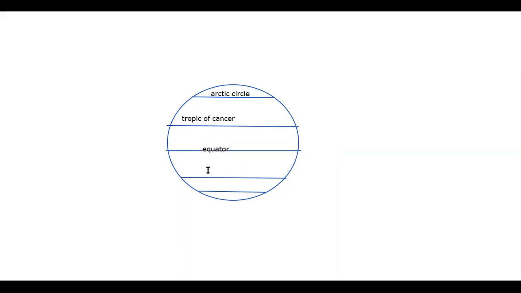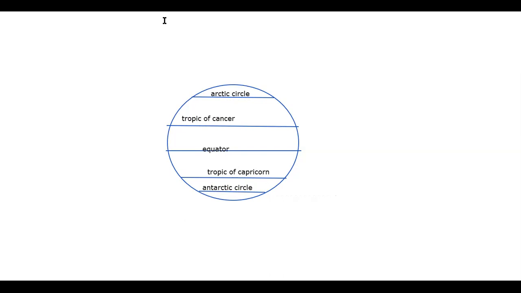Then the Tropic of Capricorn. And then the final one, the Antarctic Circle. Alright. So these are some important latitudes, and the regions which fall between them are some heat zones that I'll just tell you.